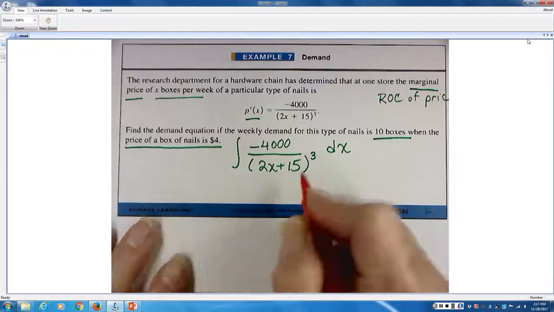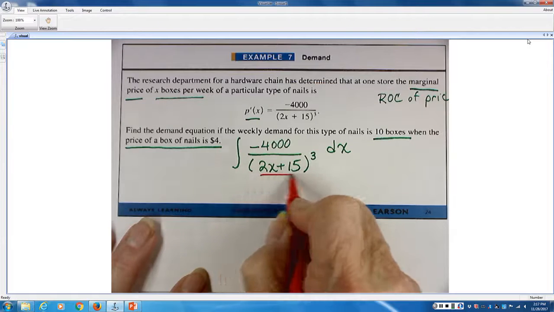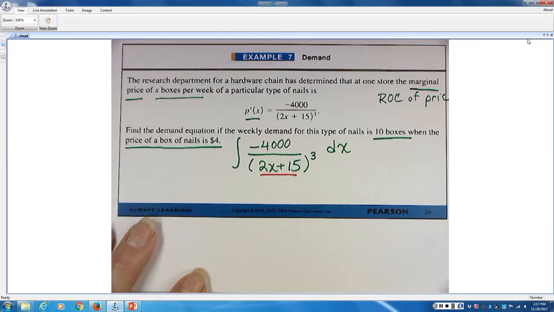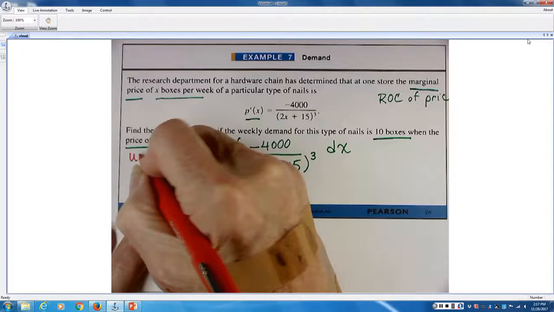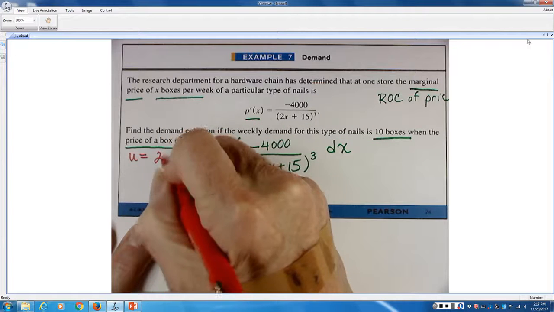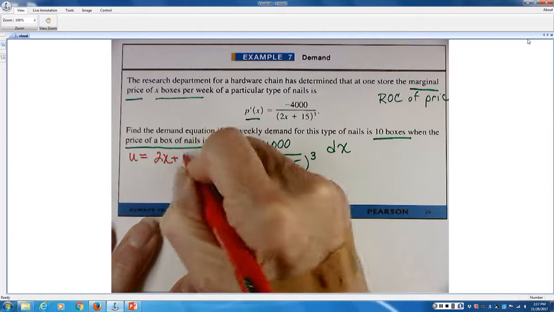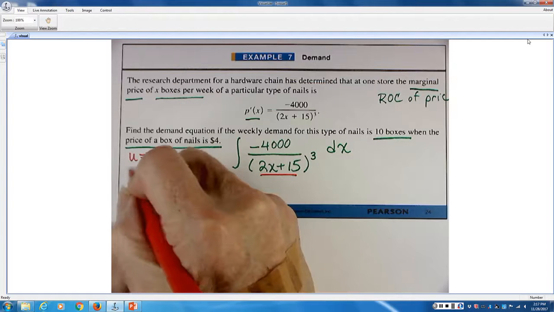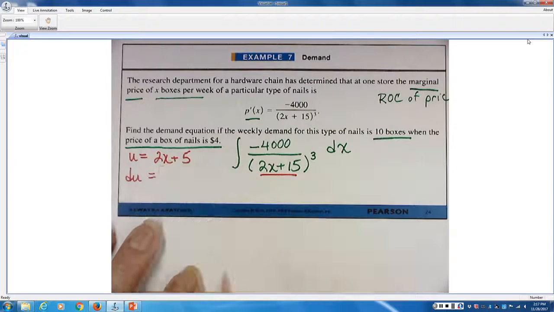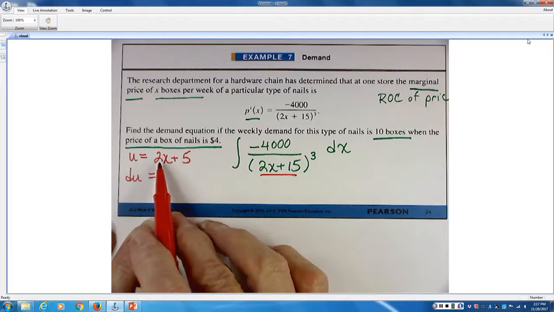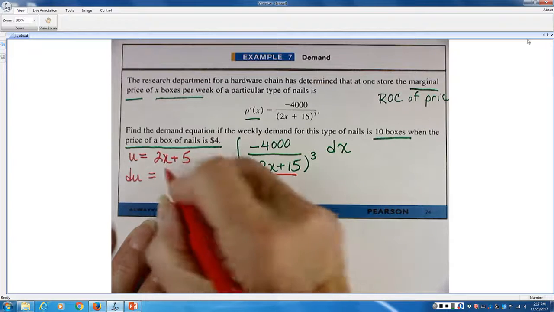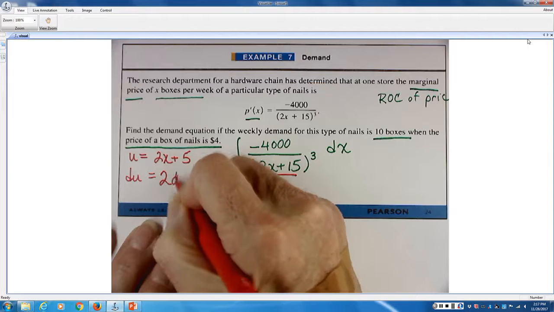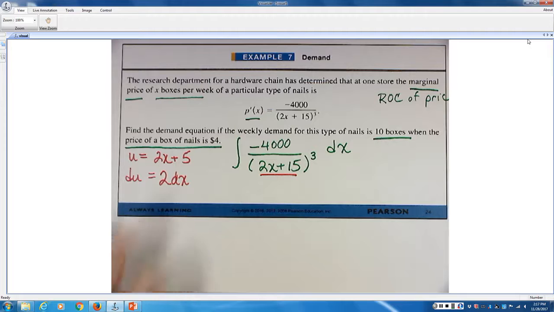And from there, it seems hopefully pretty obvious that that would be u. And we need the derivative of u, which would be 2 plus 0, which is 2, dx.